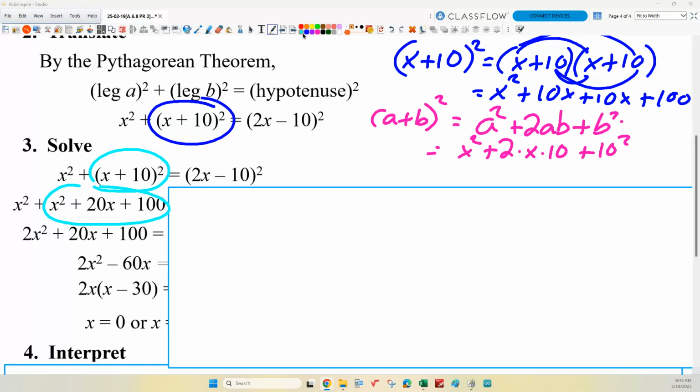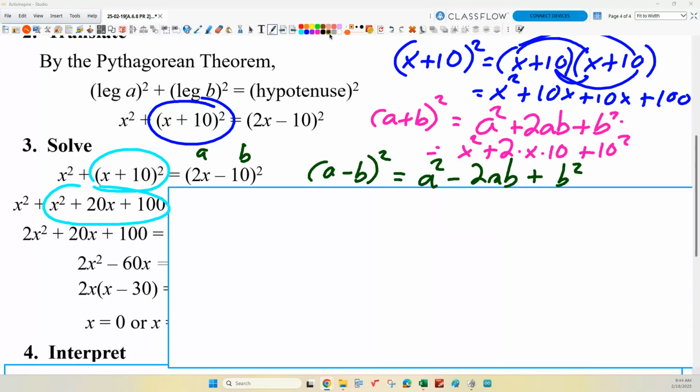We have another pattern for that one. What's our pattern for a minus b squared? It's almost the same. What was it? A squared minus 2ab plus b squared.